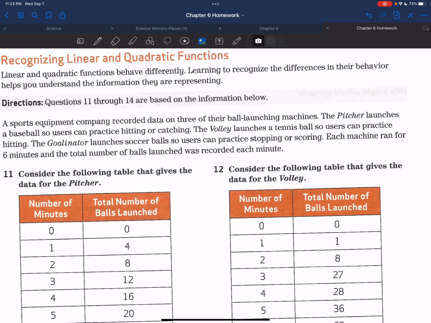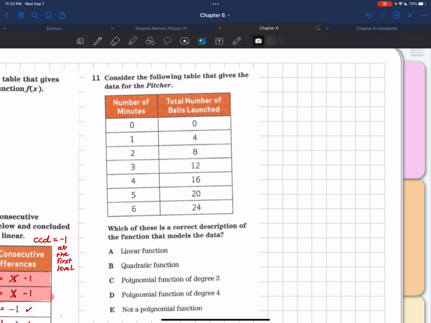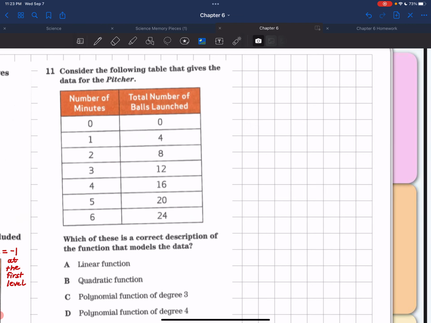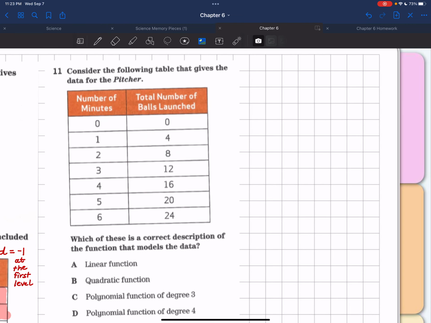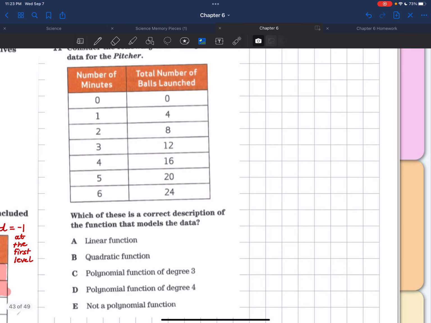So let me switch over to my notebook and let's take a look at number 11. Consider the following table that gives the data for the pitcher. Which of these is a correct description of the function that models the data?